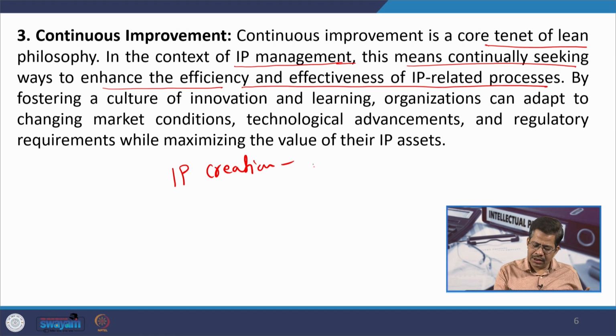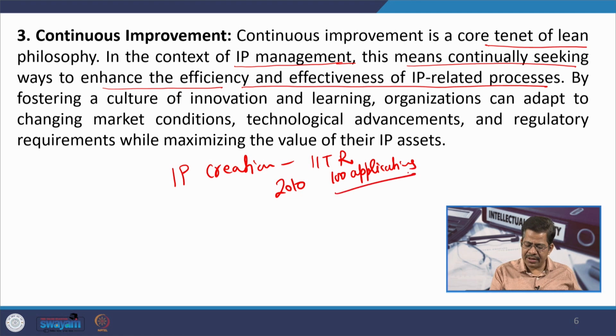Let us say at IIT Roorkee in 2010 we got 100 applications for IP filing, and in 2024 we got 500 applications.